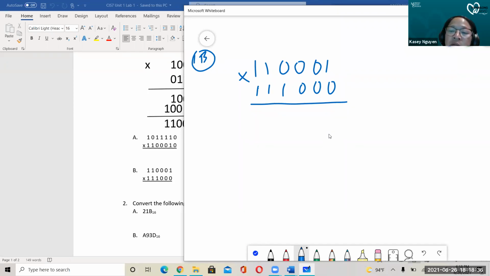Then we're going to do 0 plus 1. Everything is going to be a 0 there because you know the rule: anytime you multiply by 0, it's a 0. And the same thing with the next 0, and the same thing with the next 0.